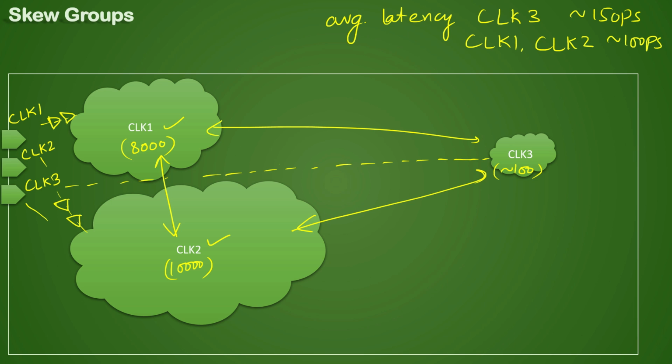That will prevent the extra latency for CLK1 and CLK2, and this will help us in minimizing the clock tree buffers. And when you minimize the clock tree buffers, you save the associated area, you save routing resources, and the most important thing is you will save dynamic power.